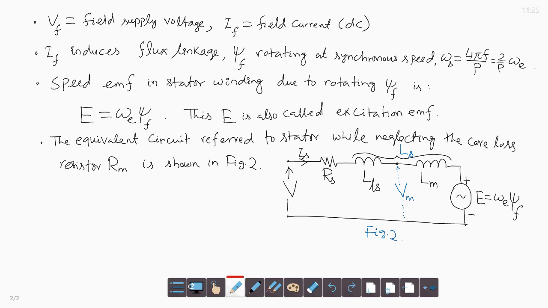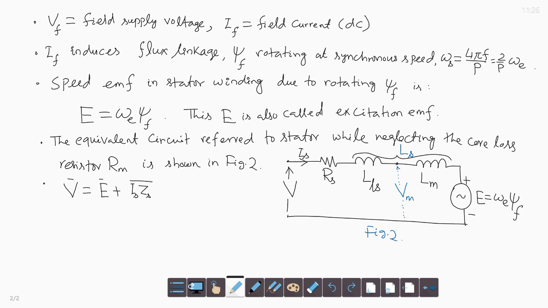So, in this stator referred equivalent circuit, we can say the stator applied voltage phasor V is the stator induced EMF phasor E plus stator impedance drop phasor Is Zs.